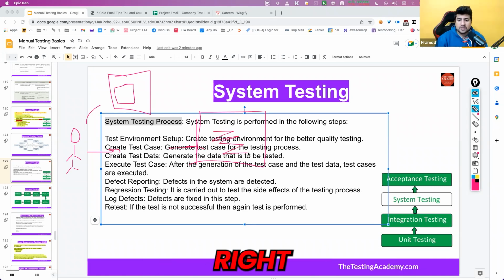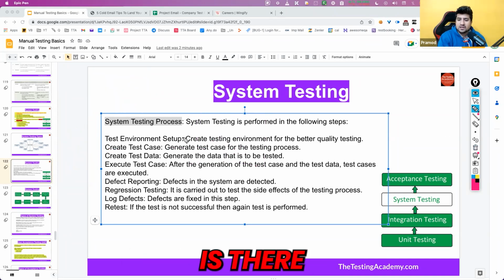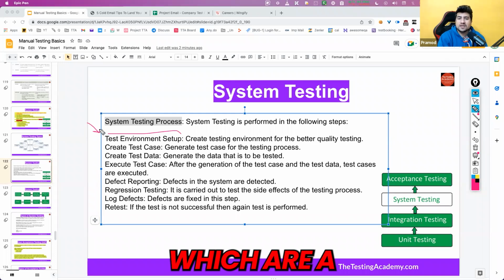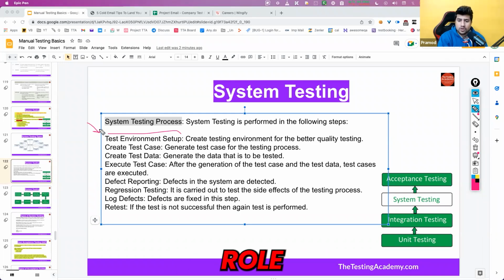That's what you will do, and that's what they will do. In the system testing, there will be an environment setup. And who is going to do the environment setup? Most of the time, it will be done by the developers. Developers generally will do it, or DevOps. Sometimes DevOps are also introduced, which is another role in your engineering team, which can help you to set up your environments.